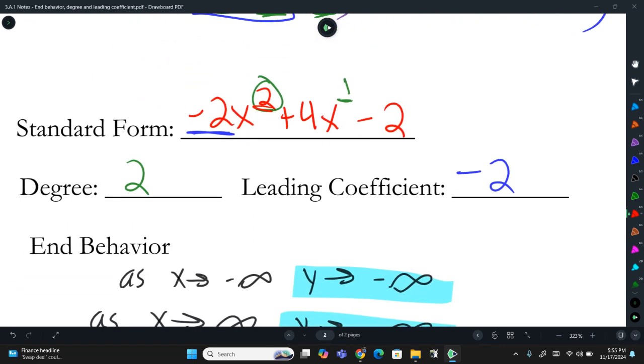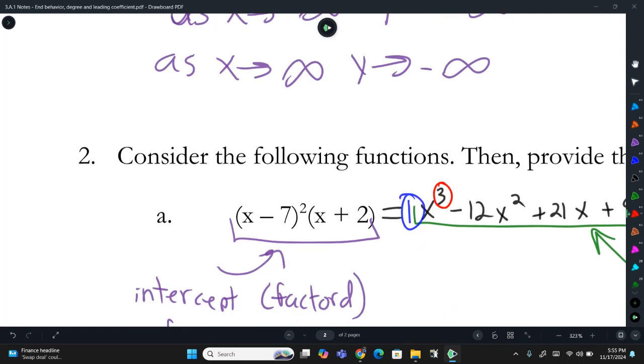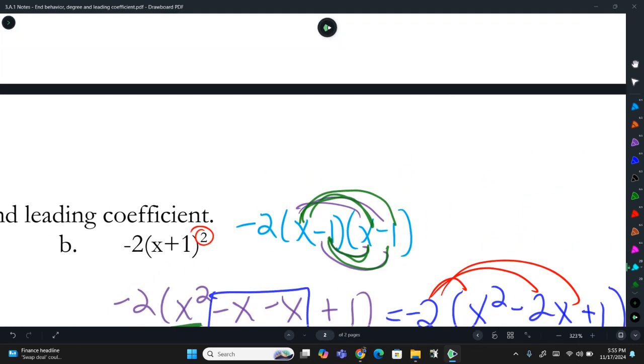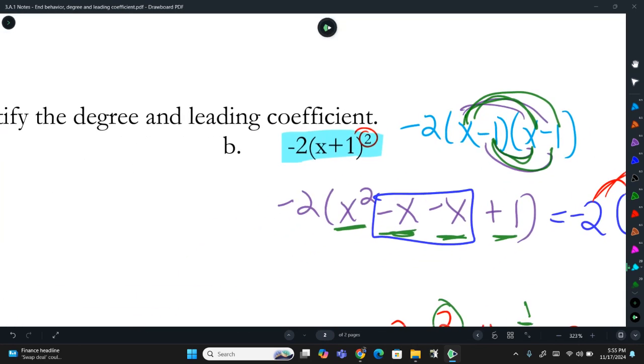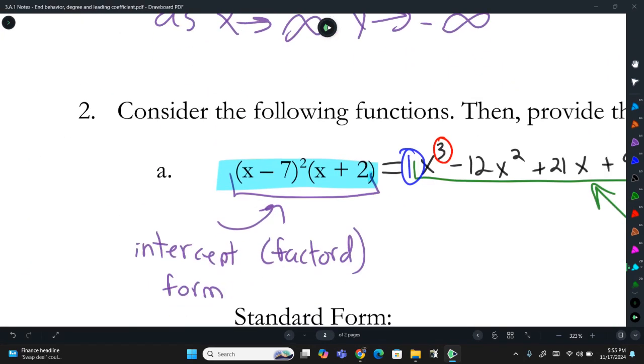So what was different? Well, what's different about this problem in intercept form is look at how many parentheses we have. There's only one parenthesis right here. We have 2 parentheses right here.